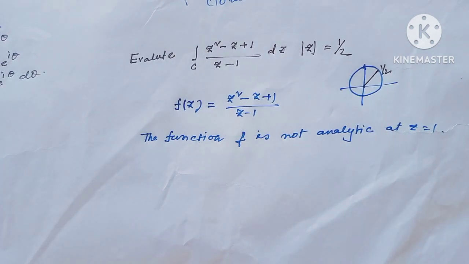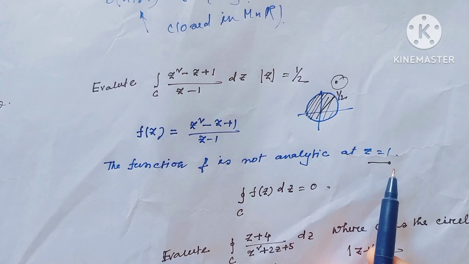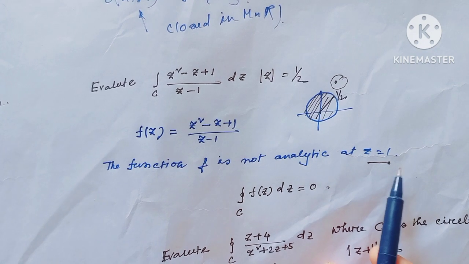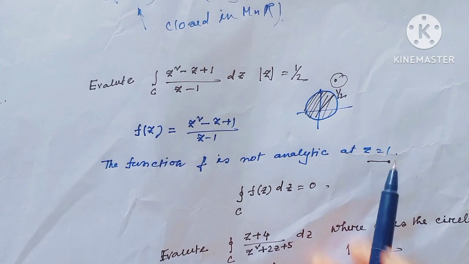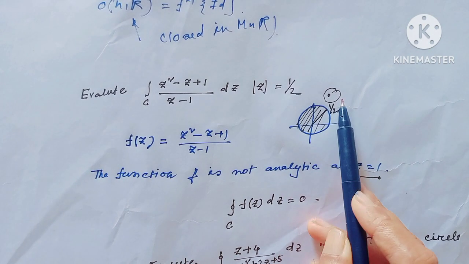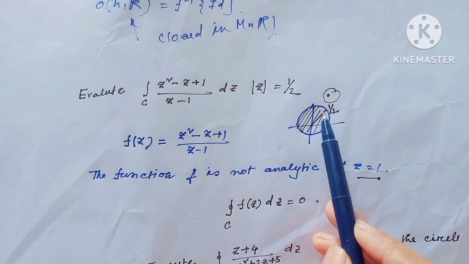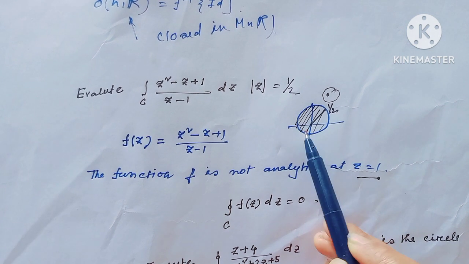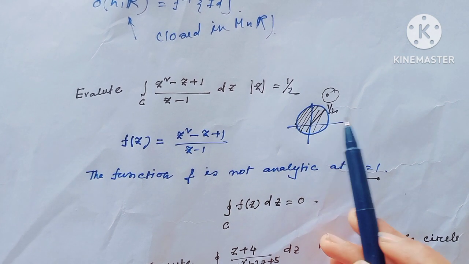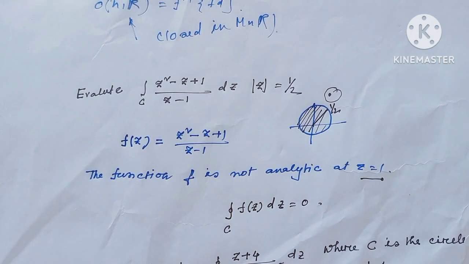In this region, the function is not analytic at z equal to 1, and this point is outside of this region. So, by Cauchy's theorem, we can tell inside of this region the value of the integration is equal to 0.